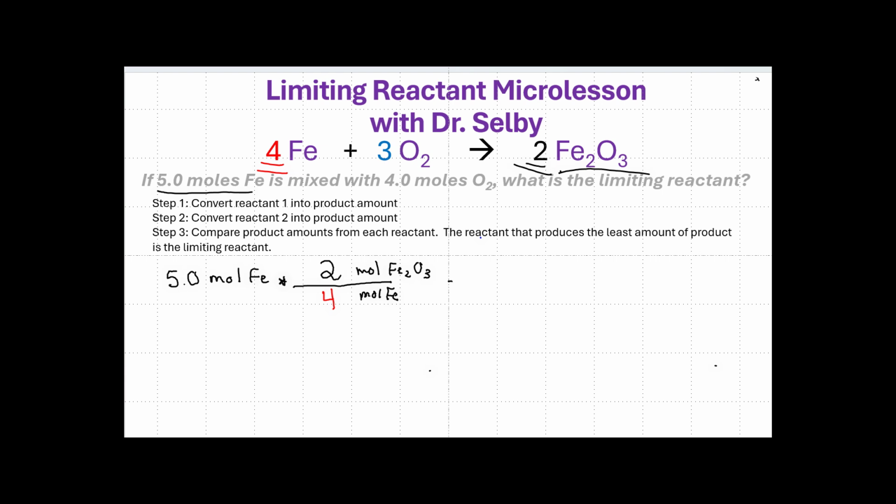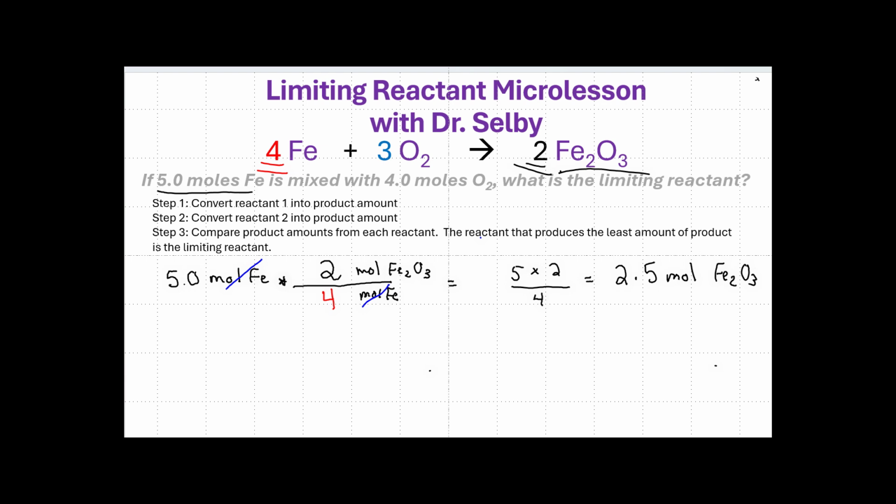And then we just punch that in our calculator and it would look something like this: 5 times 2 divided by 4, and that equals 2.5 moles of our product, which is Fe2O3. Notice that these units cancel. Okay, that's step 1.